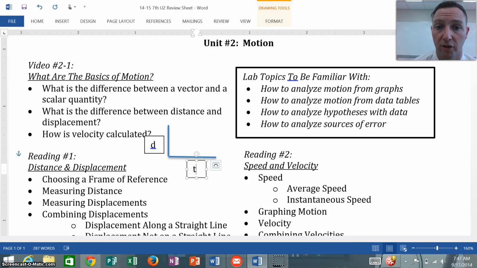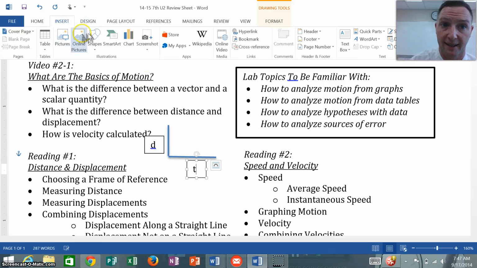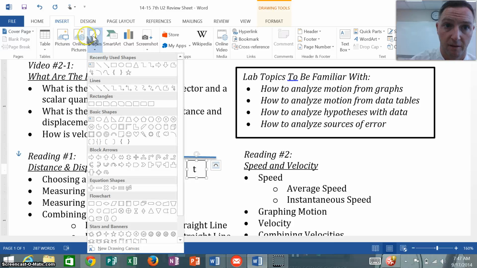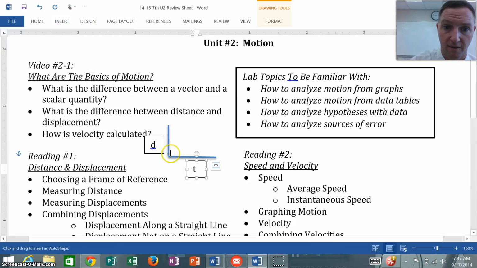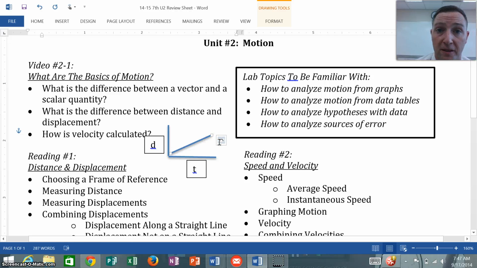Okay, displacement versus time. If I look at the slope of that line, if it's a positive slope, it's a positive velocity. And my change in y over my change in x, or my change in distance over my change in time, equals my velocity.